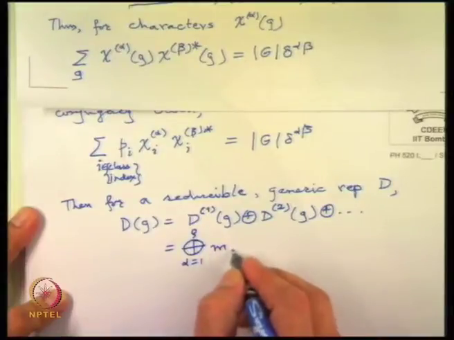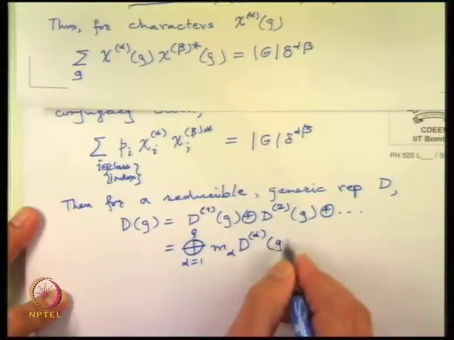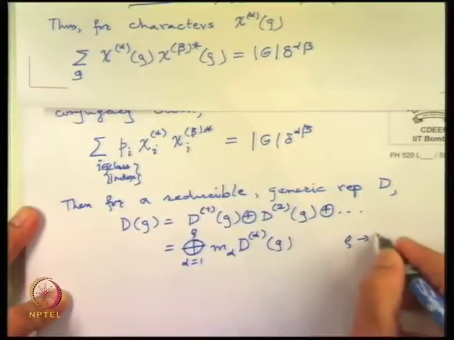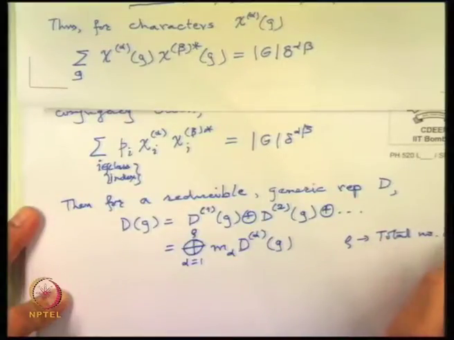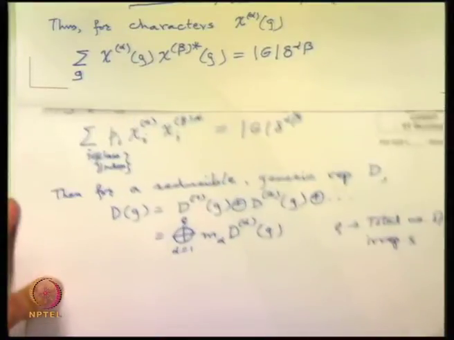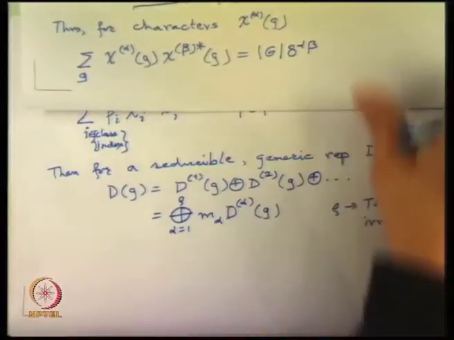We write this out as equal to m alpha times D alpha of g, and rho is the total number of irreps. Distinct irreps, of course. Right.